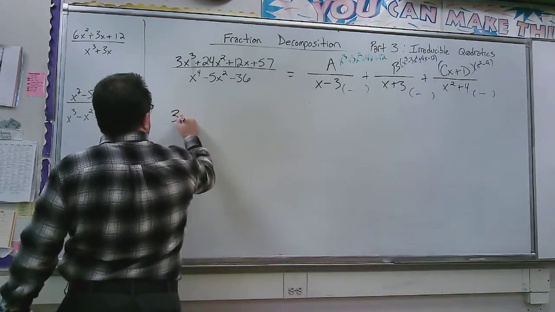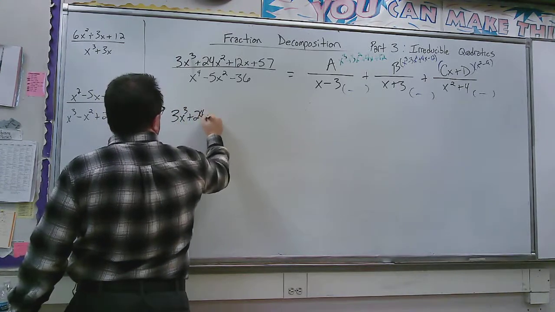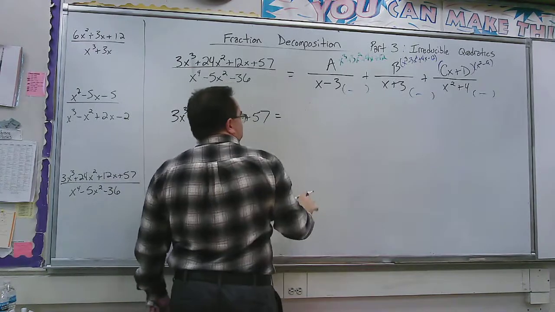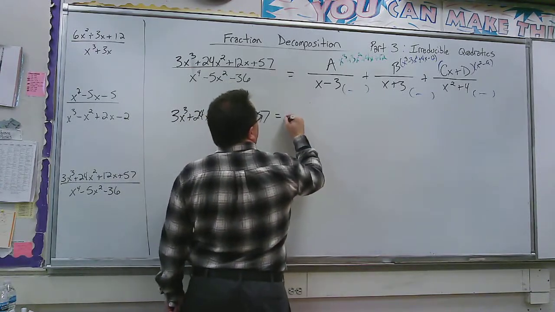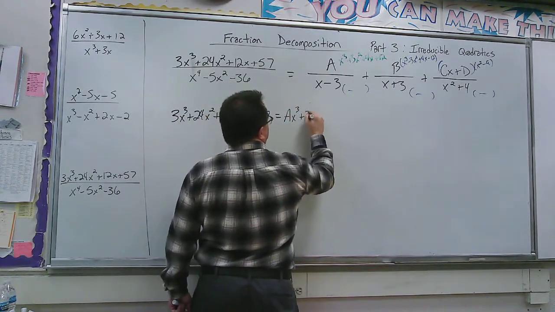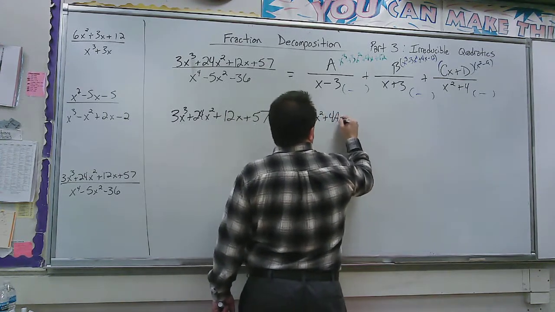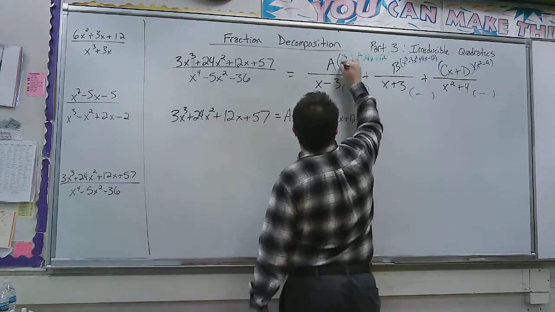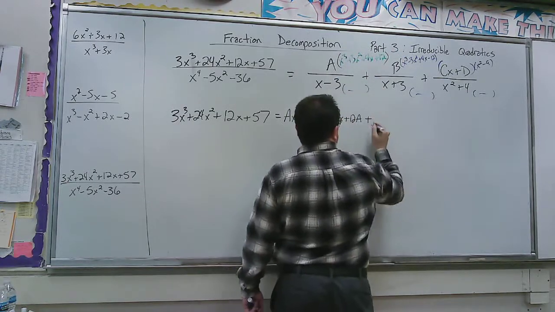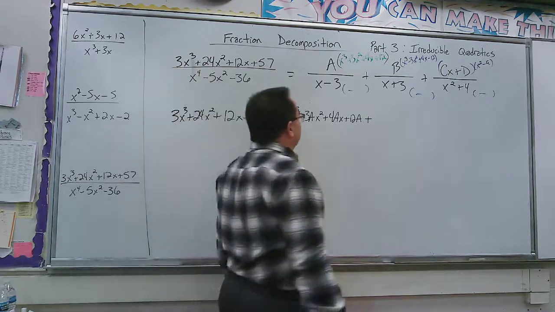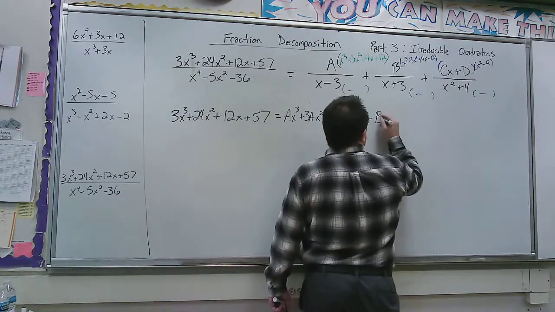So I have 3x cubed plus 24x squared plus 12x plus 57. Let's just be careful here. Ax cubed plus 3Ax squared plus 4Ax plus 12A. If we were in a face-to-face class, I'd say if you catch me making an error, stop me. But no net here.